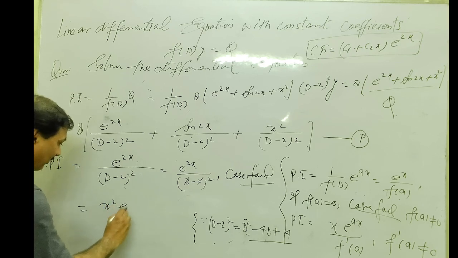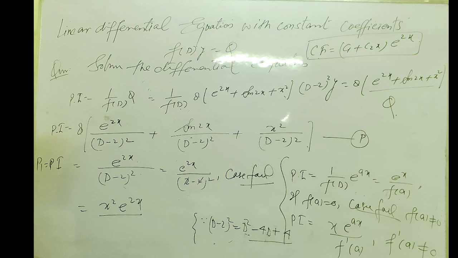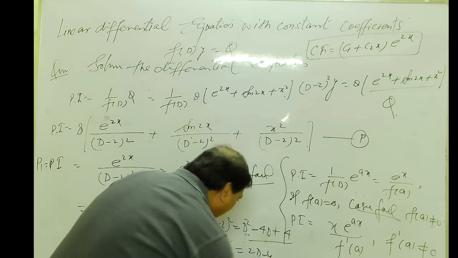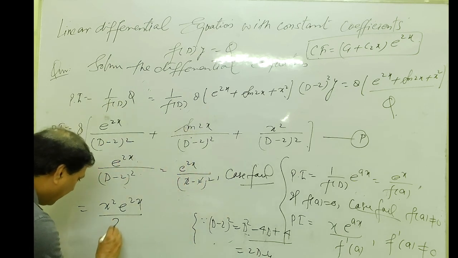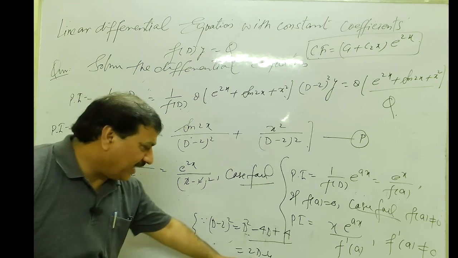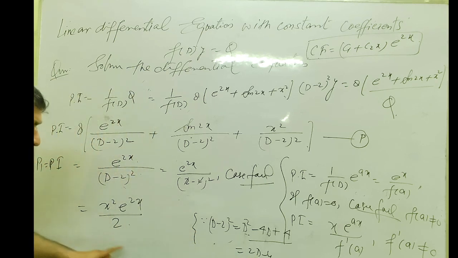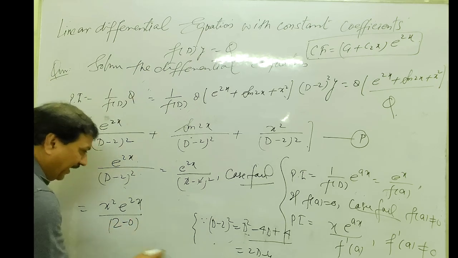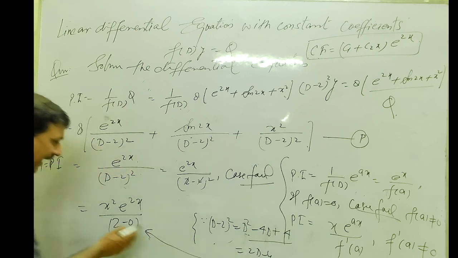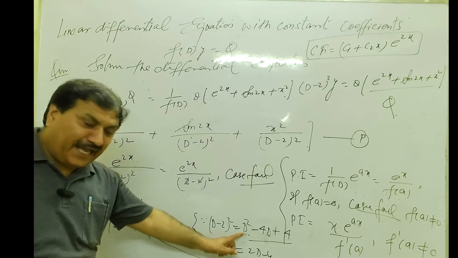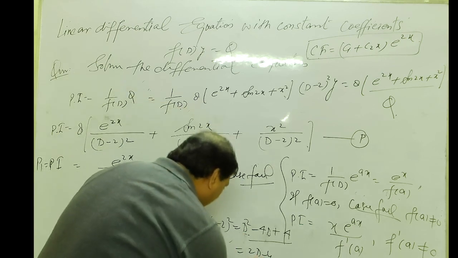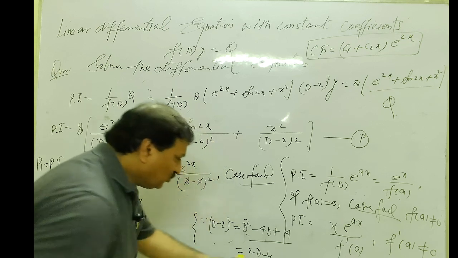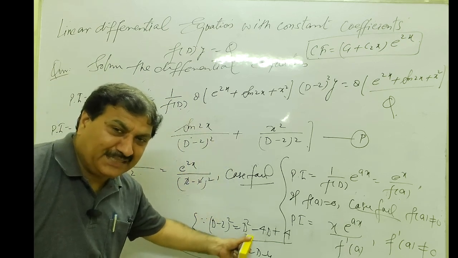Multiply by x square e to the power 2x, and the first derivative is 2D minus 4, and differentiating again, the derivative of 2D is 2 and the derivative of minus 4 is 0. Again the second derivative: the first derivative is 2D minus 4, and the second derivative is 2. Please check the differentiation carefully.